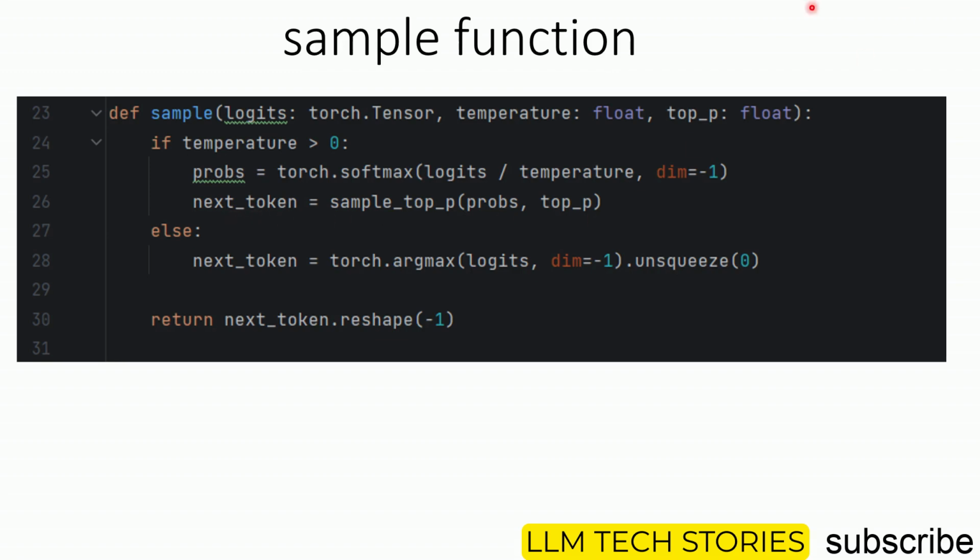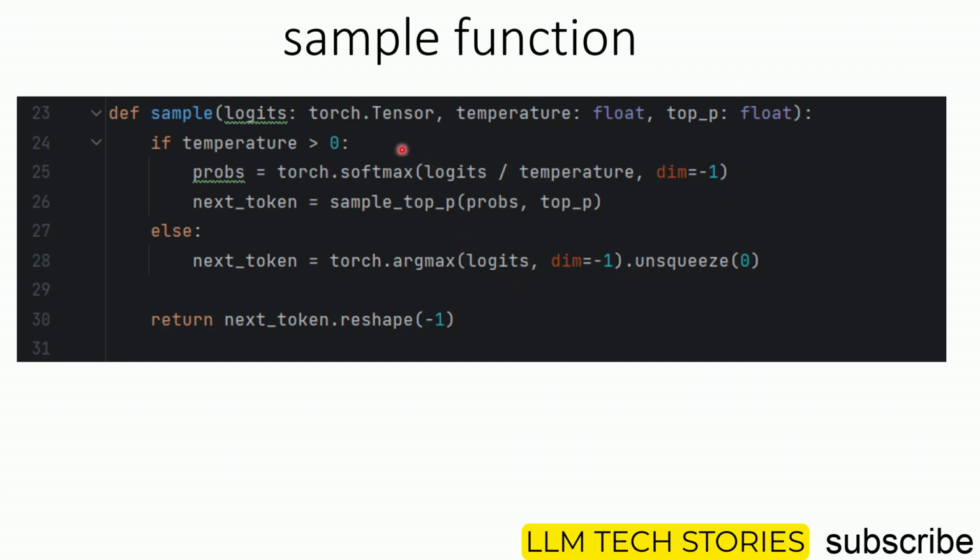In the else block, what happens is that we are using the argmax function. It finds the index of the maximum value in the logits tensor along the last dimension, which could be considered the most probable token. And this unsqueeze function adds an extra dimension to the beginning of the tensor.